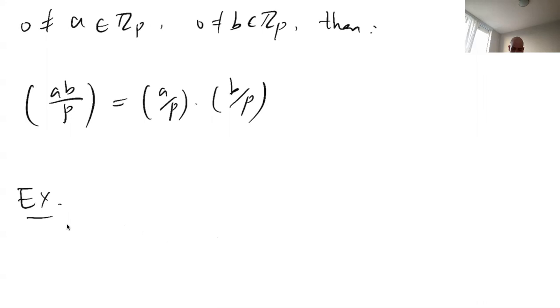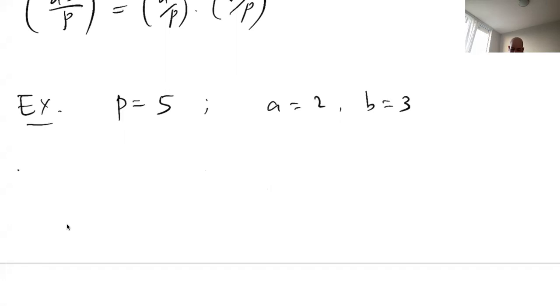So again, let's say p equals 5, a equals, let's say 2, b equals 3. So we saw above, in the example that we did previously, that 2 and 3 are quadratic non-residues mod 5. So what does that mean?